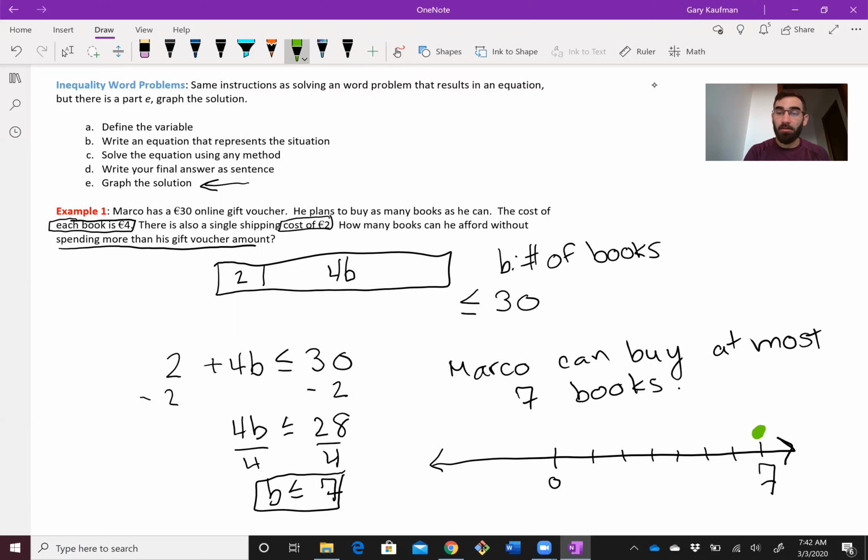Less than means I'm going to the left. And normally we would just draw an arrow. But here's the thing. I have to stop at 0. I can't have negative books. So I stop my graph. I have to take that into account.